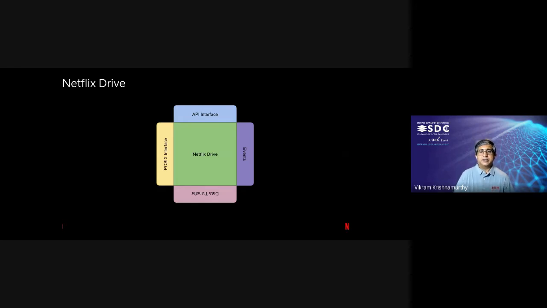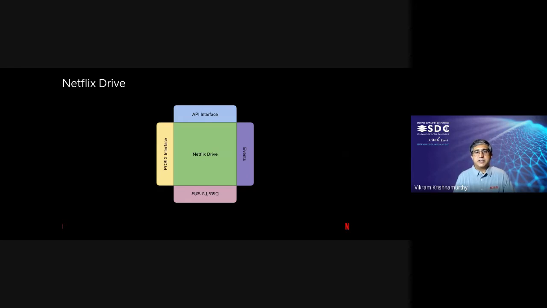So they could be operating on the same instance of Netflix Drive, and the APIs are there as a control interface and also a controlled IO interface. And I'll get into details of what that means in this context.